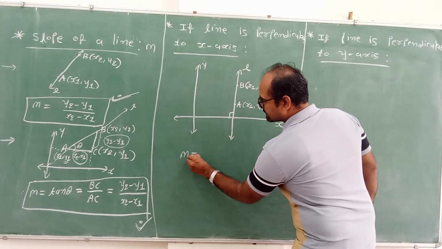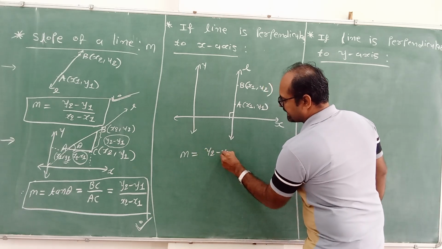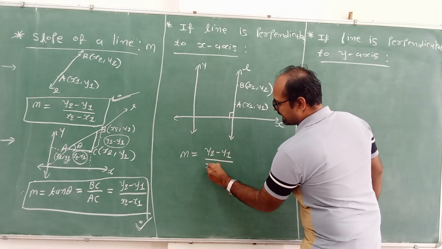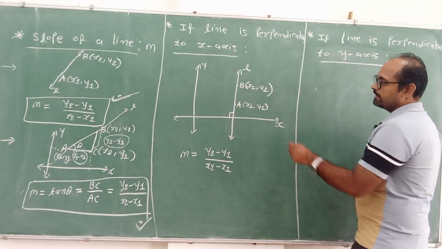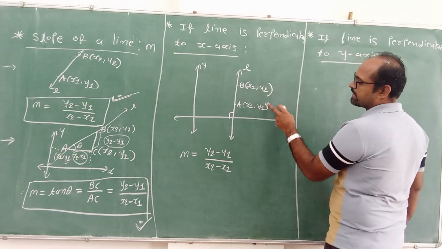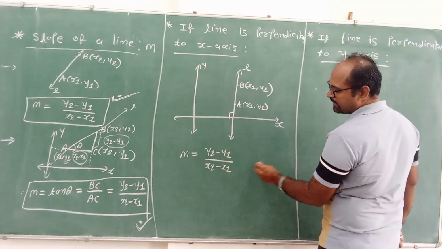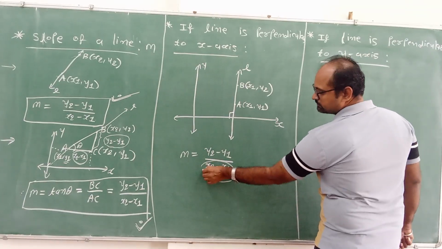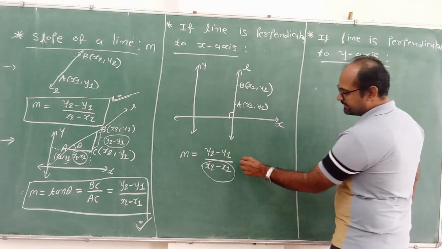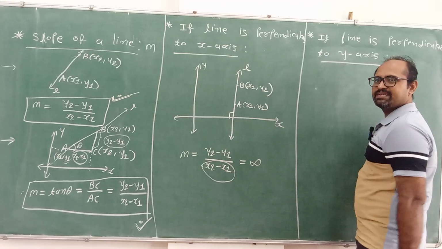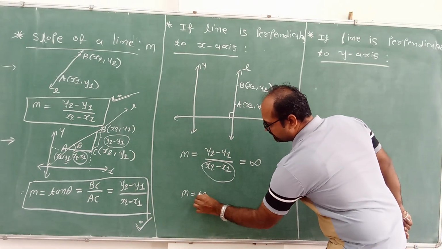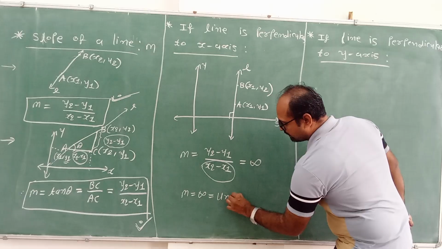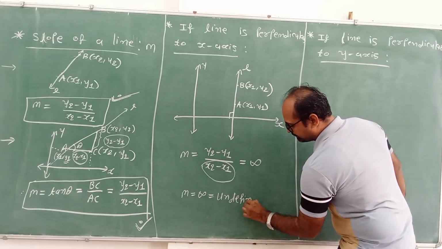Now the x components are the same and the y components are different. That means the denominator tends to 0, so this is infinity, that means undefined. So m equals infinity, which is undefined.